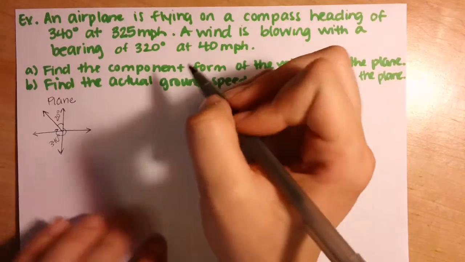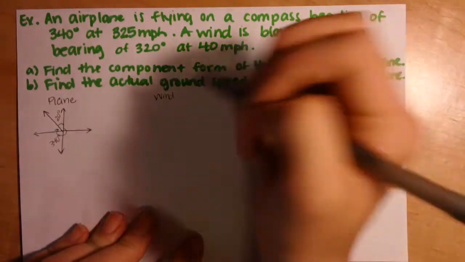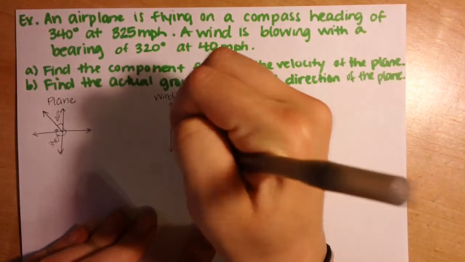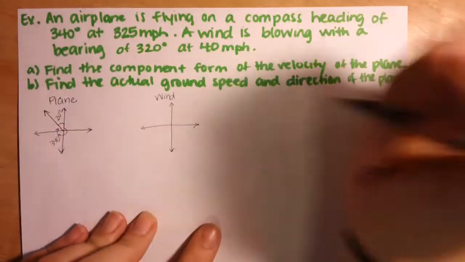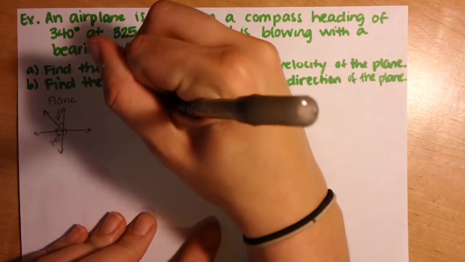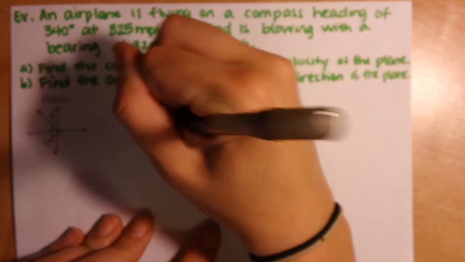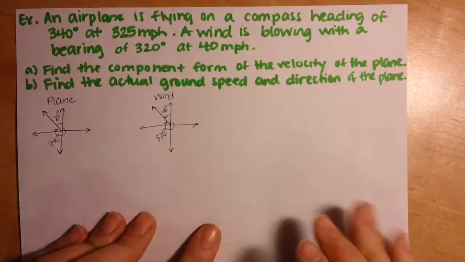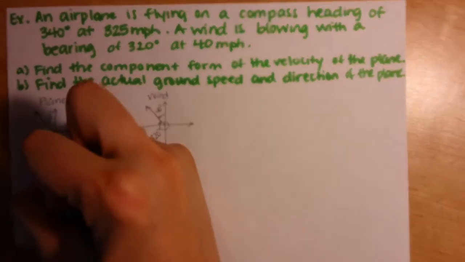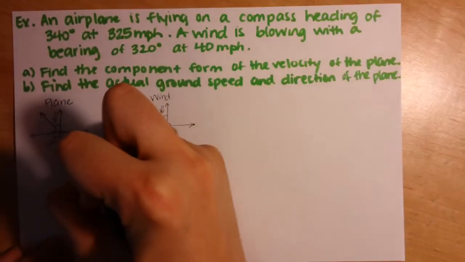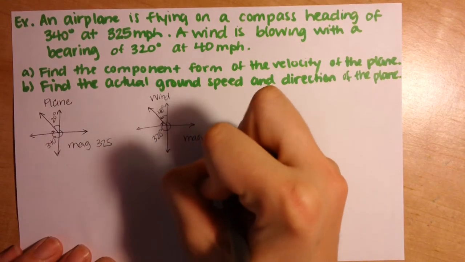And we know that we have wind that's at a bearing of 320 degrees. Okay, so the plane has a magnitude of 325 miles per hour, and the wind has a magnitude of 40 miles per hour.